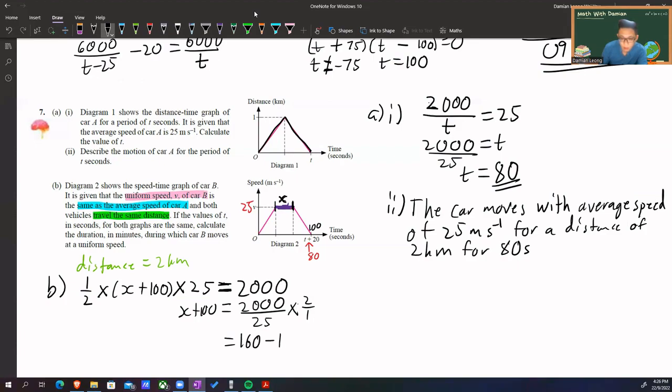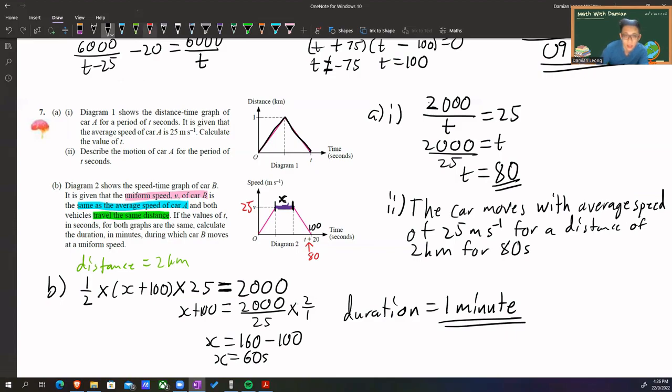Plus 100, opposite minus 100, which is 60. So this 60 is seconds. Means the duration is 1 minute, because from the question, they say they want in minutes.